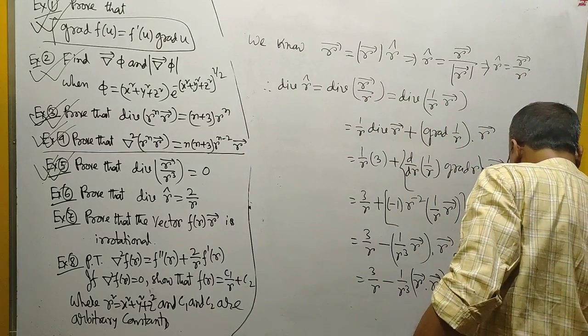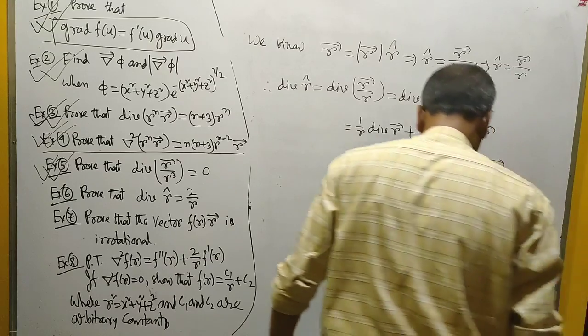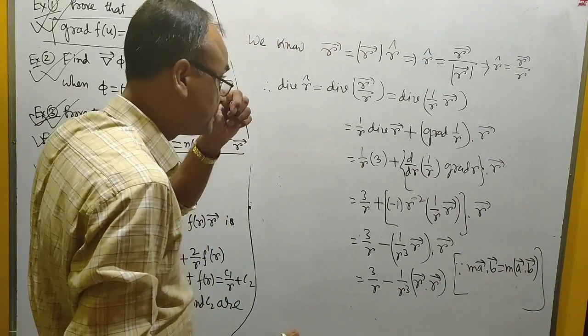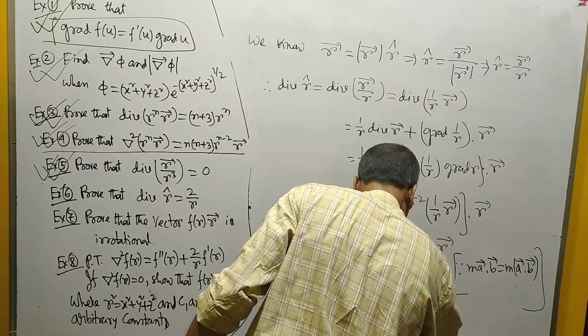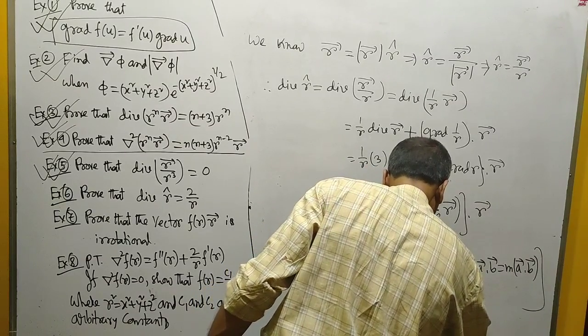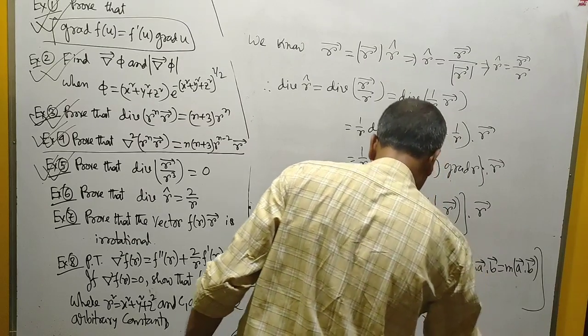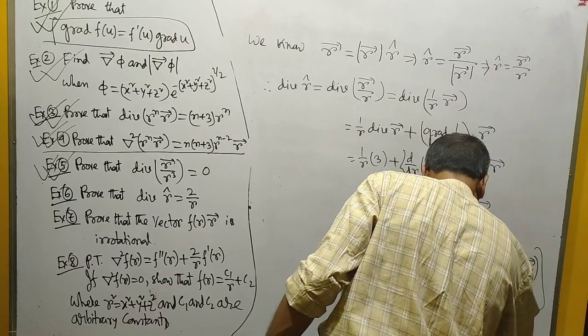Then this is equal to m a dot b. This is equal to 3 by r minus 1 by r cube. It is r square. This is equal to 3 by r minus 1 by r equal to 2 by r.